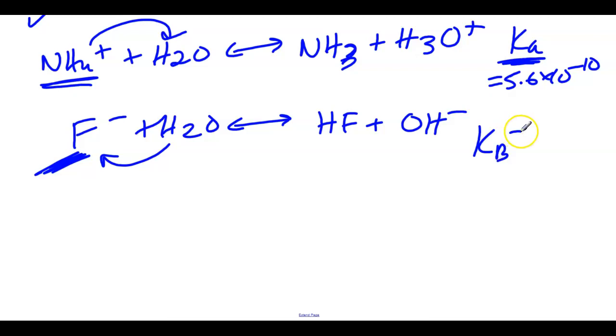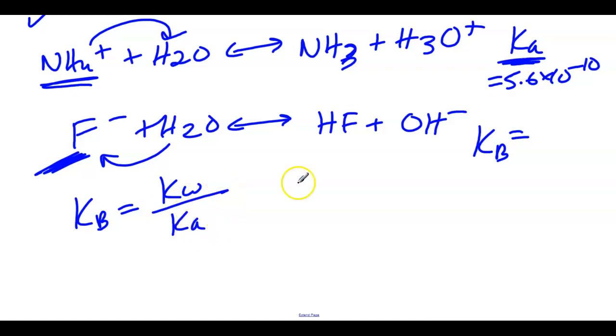So we would have to compare the Kb of the fluorine. Kb we don't have, so we'd have to solve for Kb by doing Kw over the Ka. The Ka here, remember, has to be the conjugate. So if we want the Kb for fluorine, we have to look up the Ka for HF.